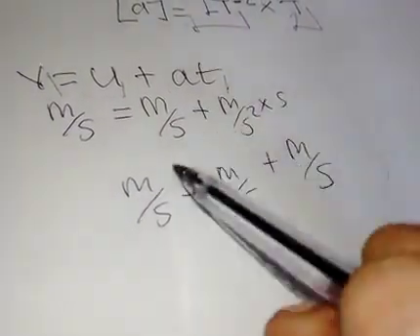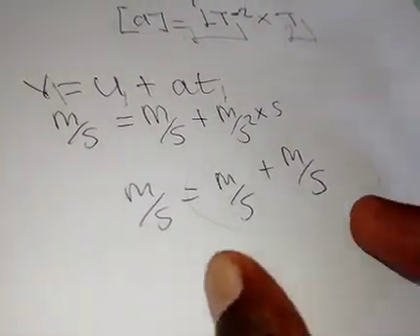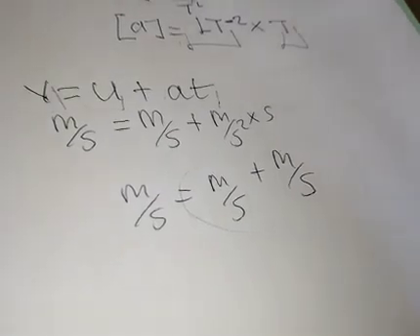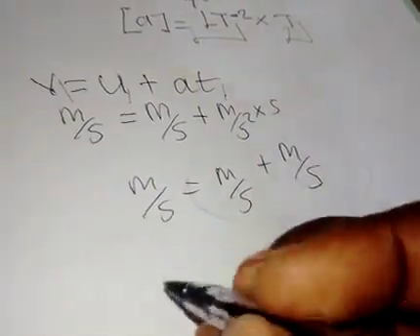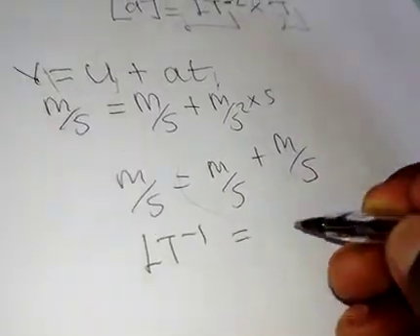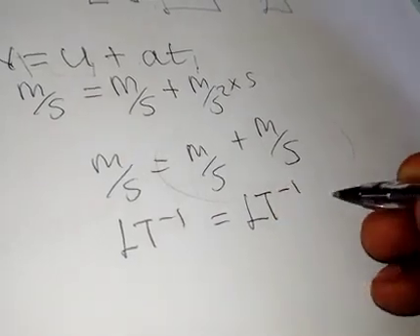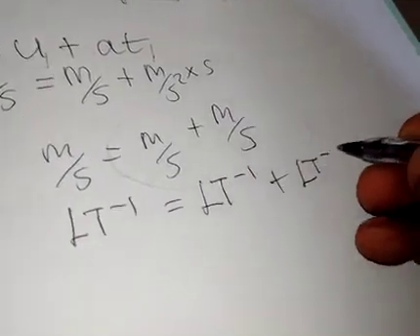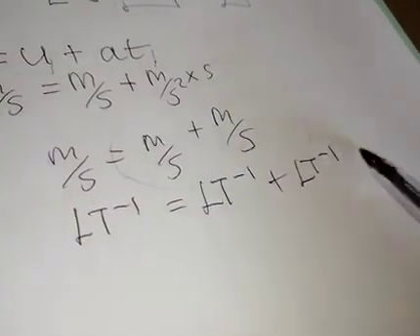These two are being added. That tells us they have the same physical dimensions. So the dimension is LT to the power negative 1 equals LT to the power negative 1 plus LT to the power negative 1. Same dimensions.